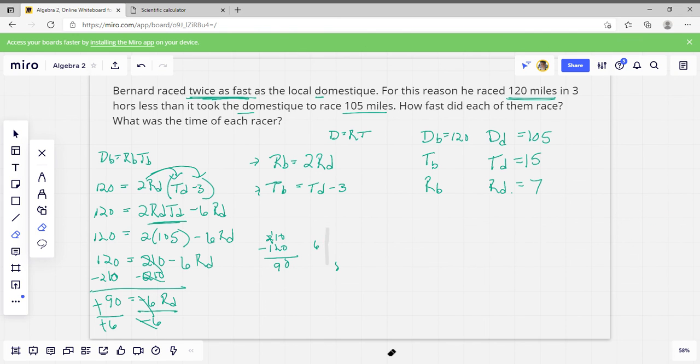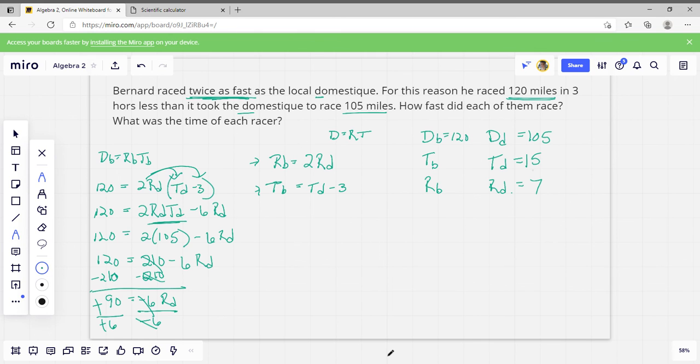Right, get rid of all these scribbles here. Clean this up a little bit. All right, now we need the time. His time was 3 hours less.